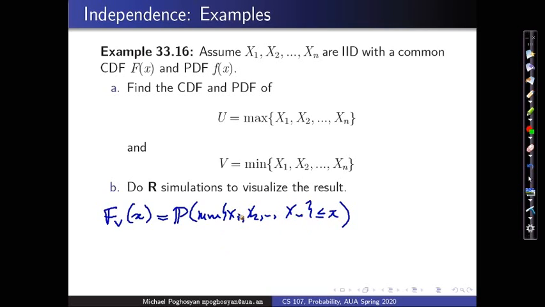But if I have a union of several events, then I need to use the inclusion-exclusion formula, which is not so easy to deal with. So I'm using another trick. I'm passing to complements: 1 minus the probability that the minimum is larger than x.